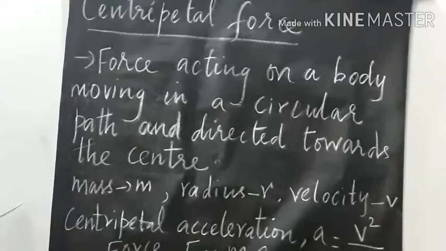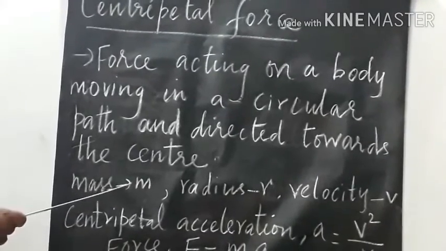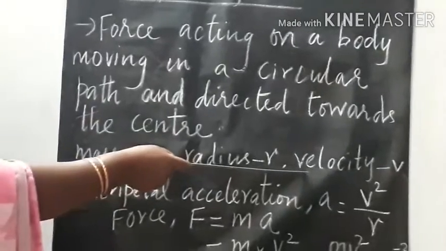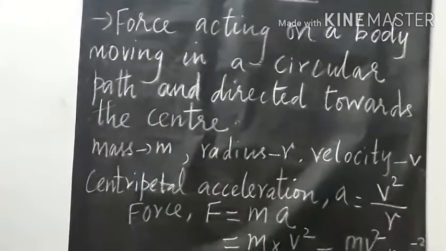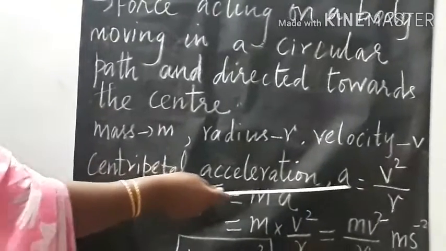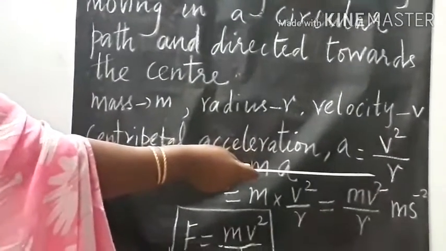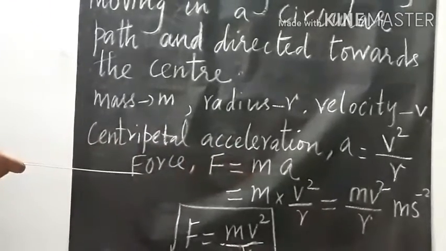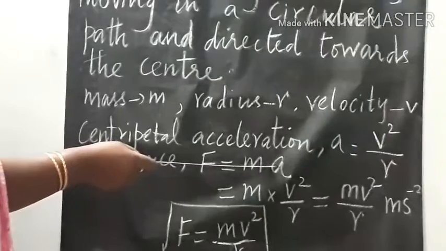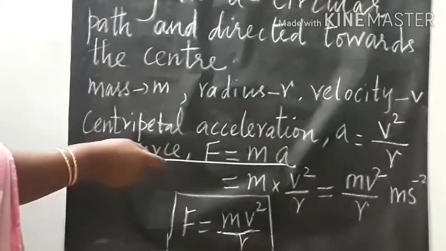Now consider an object with mass m moving with velocity v in a circular path of radius r. Its centripetal acceleration is given by the formula a = v²/r. And we know the standard formula for force, F = m × a, that is mass into acceleration.